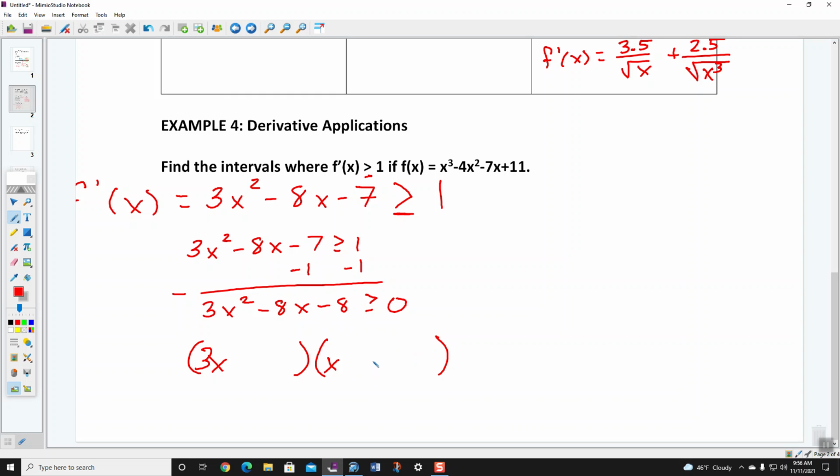I'm going to try -4 over here, and I'm going to try plus... no, that's not going to work.